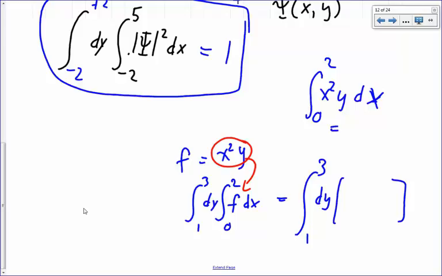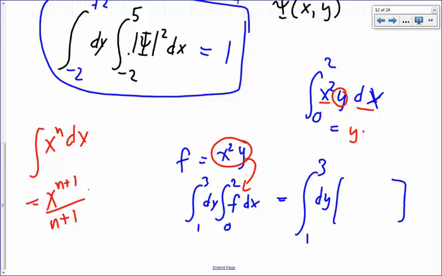As far as this integration is concerned, you're integrating with respect to x, so you treat y as a constant, so that factors out the y. What's the integral of x squared dx? Integral of x to the n dx is just x to the n plus 1 over n plus 1, plus an integration constant, which disappears if you do a definite integral.